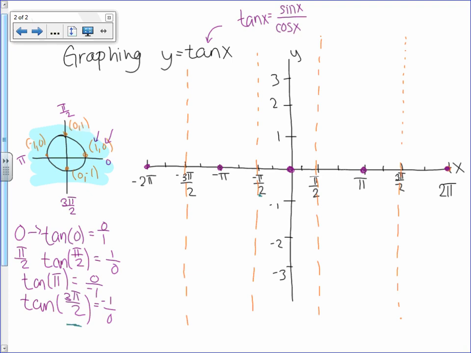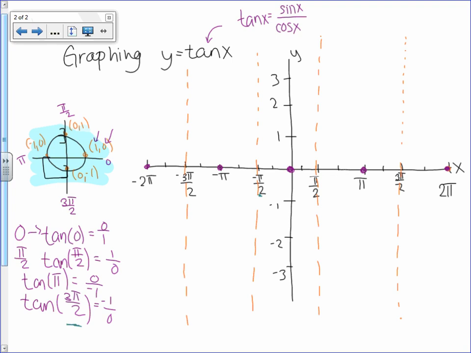Because remember, tangent is sine over cosine, y's over x's. So let's take a minute and look at this piece between pi over 2 and 3 pi over 2. So that is in between here and here on my graph. First off, let's look just from pi to 3 pi over 2. Let's just look at this piece right in here.